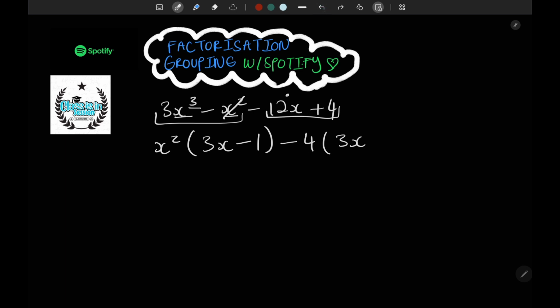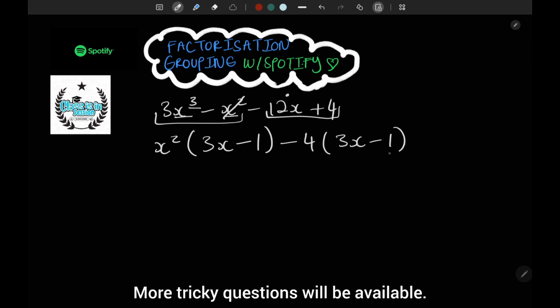And that is not what we want. So your answer should be 3x. Then 4 divided by negative 4 is minus 1. So to check this, negative 4 multiplied by negative 1, your answer will be positive 4. So that is how we factorize the last two terms.